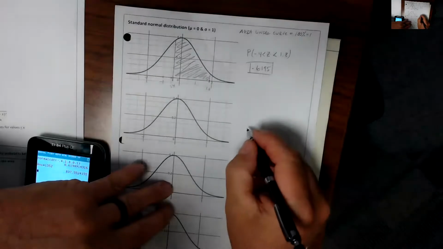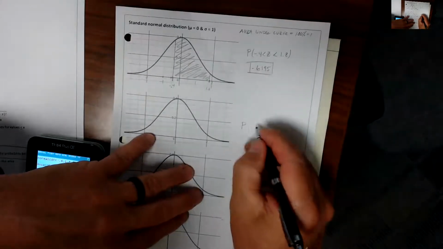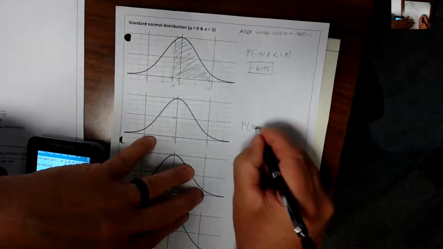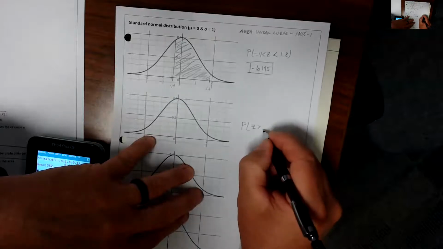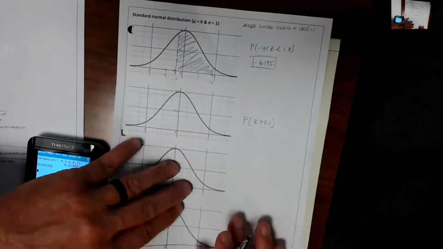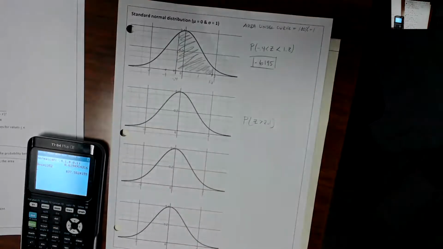What about this? What if I say, what's the probability that somebody comes in with a z-score bigger than 2.1? Now, again, you should have a knee-jerk reaction to that, like, ooh, bigger than 2? You mean unusual, unusually high, as a matter of fact, right?